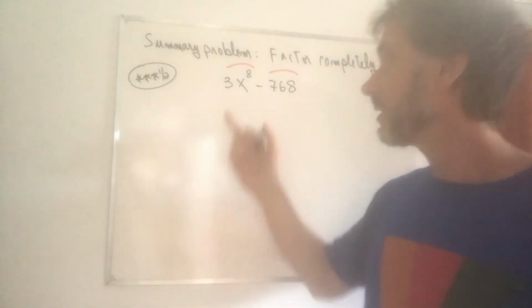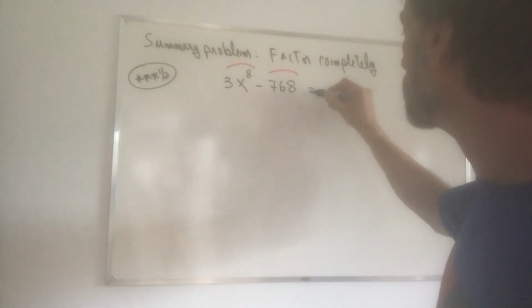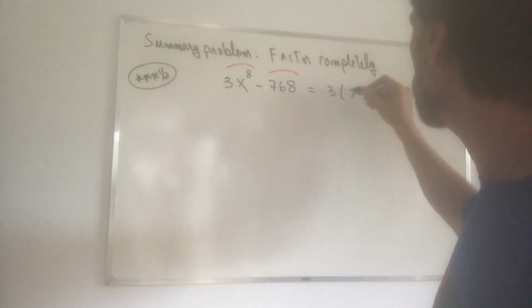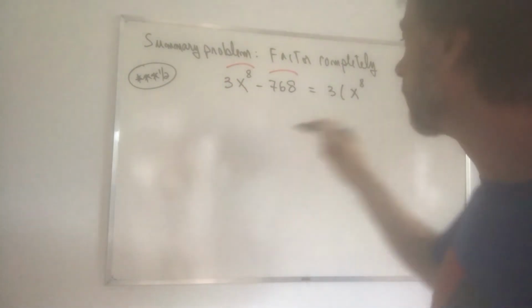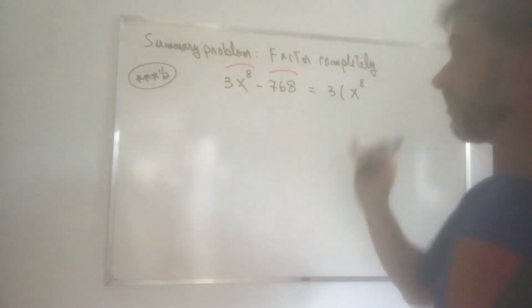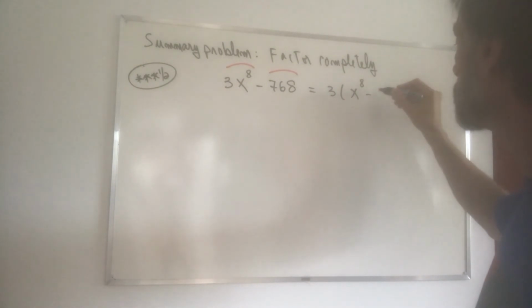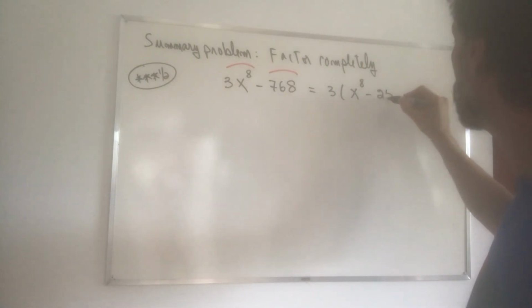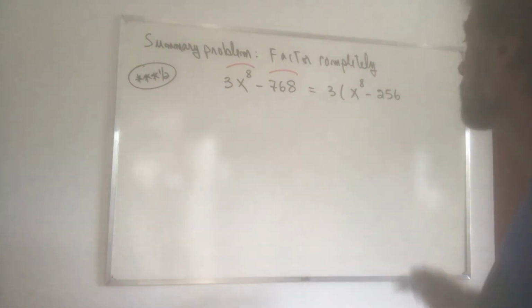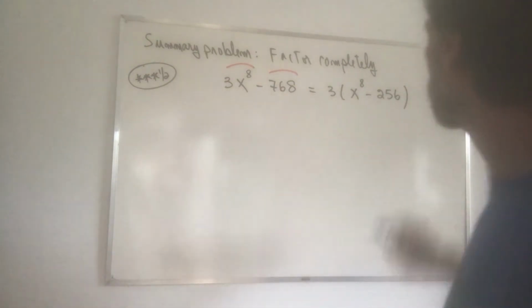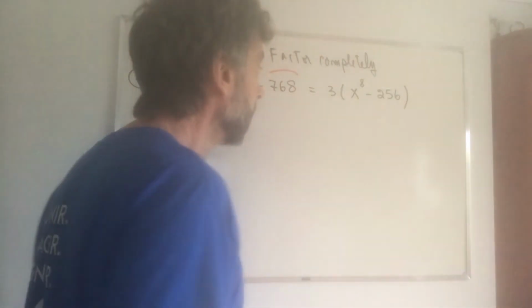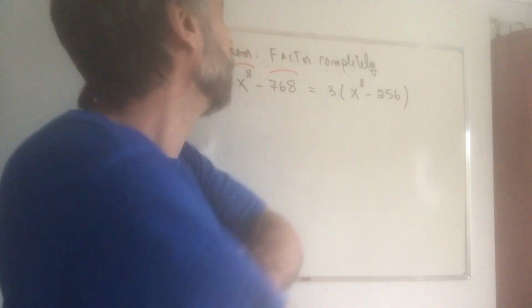That's another way to say, does 3 go into 768? And the answer is yes, it does. So take out a 3 from 3x^8, you're going to be left with x to the 8. And take out a 3 from this, you're going to get 256.